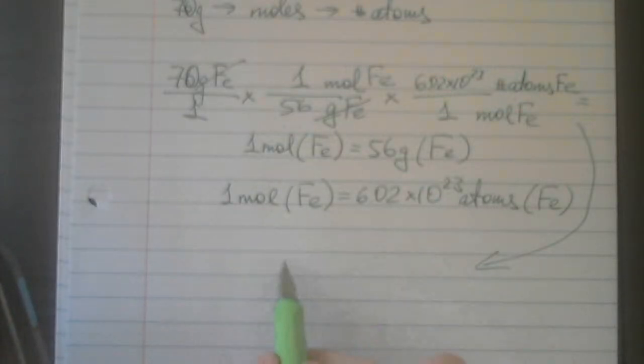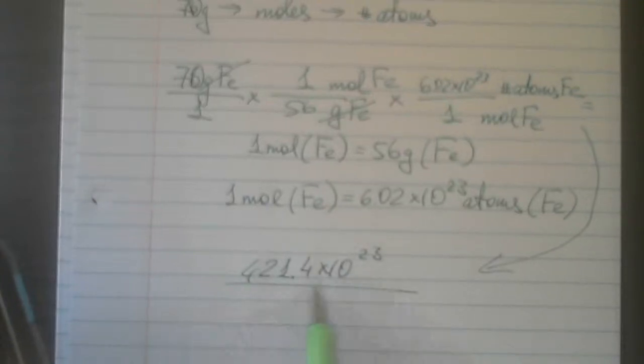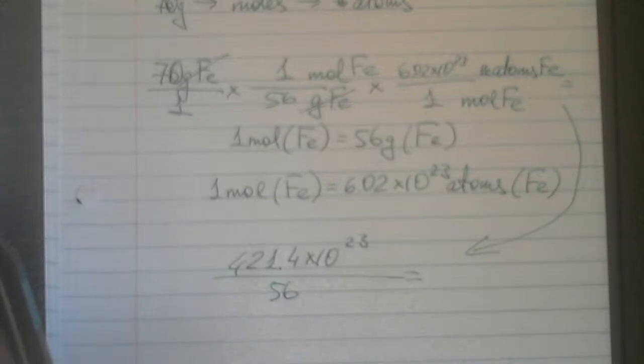The product of all my numerators looks like this: 421.4 times 10 to the power of 23. Divided by the product of all denominators, which is 56. Then I take this number, divide by 56. It turns out to be 7.525 times 10 to the power of 23 atoms.